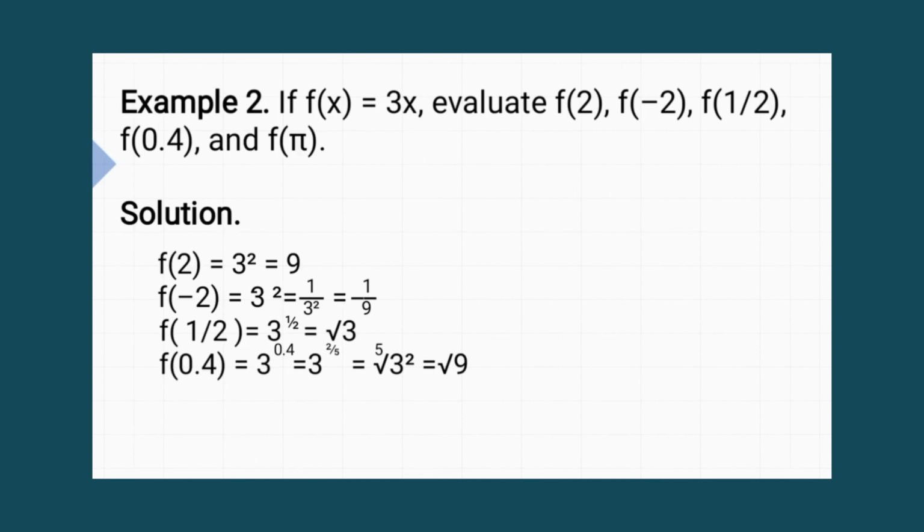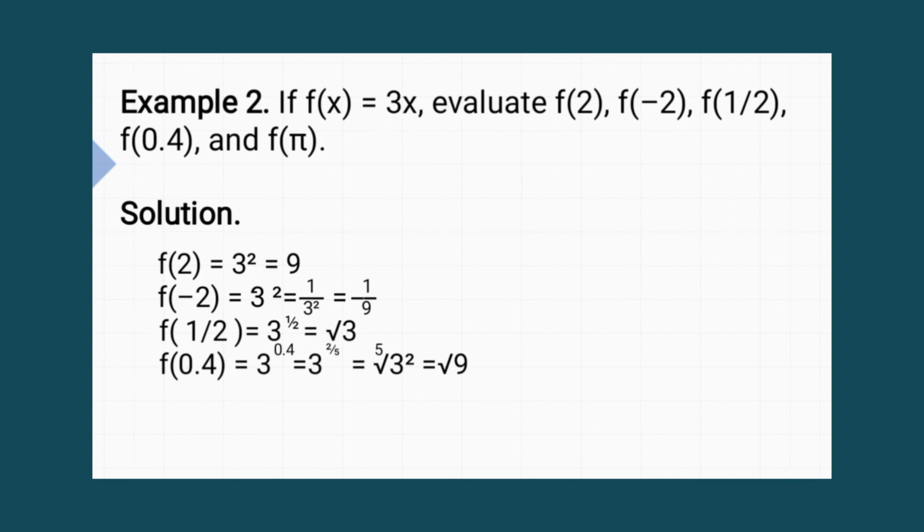Another, we have f of 0.4. So that will become 3 raised to 0.4, which is equal to 3 raised to 2 over 5. So why 2 over 5? When we convert 0.4 from decimal, it becomes 4 over 10.